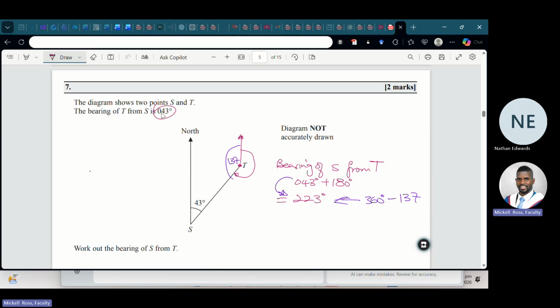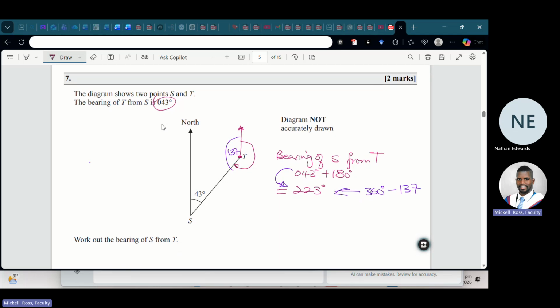So the bearing is always 3 digits. If you get a decimal number, you have to round it off to make sure that it's a 3-digit number. So it can't be like 123.4 and that's the bearing. Now you have 4 digits. So this is a no-no. So you have to round it off.